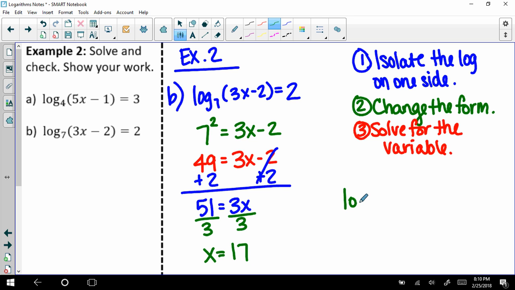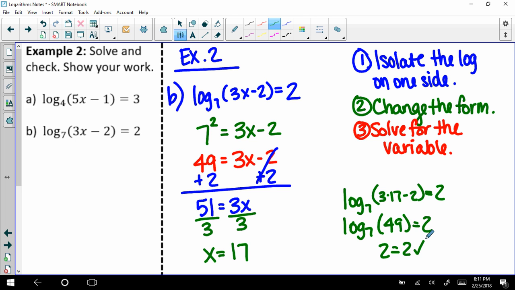Okay, so when we plug it back in, log base 7 of 3 times 17 minus 2 equals 2. 3 times 17, that's 51, minus 2 is 49. So log base 7 of 49 equals 2, which we'll check when you type that in your calculator.